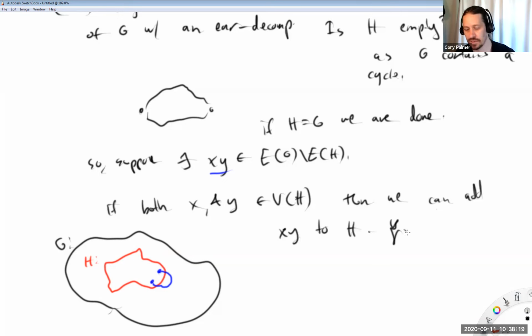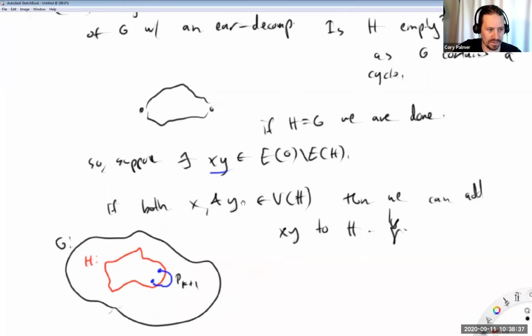H was a maximal graph with an ear decomposition, and adding XY would make a bigger one that continues to have an ear decomposition. This clearly satisfies the property. It could be P_{k+1}, right? It's a path whose endpoints only intersect the existing thing here. Okay, so that case is not the one.